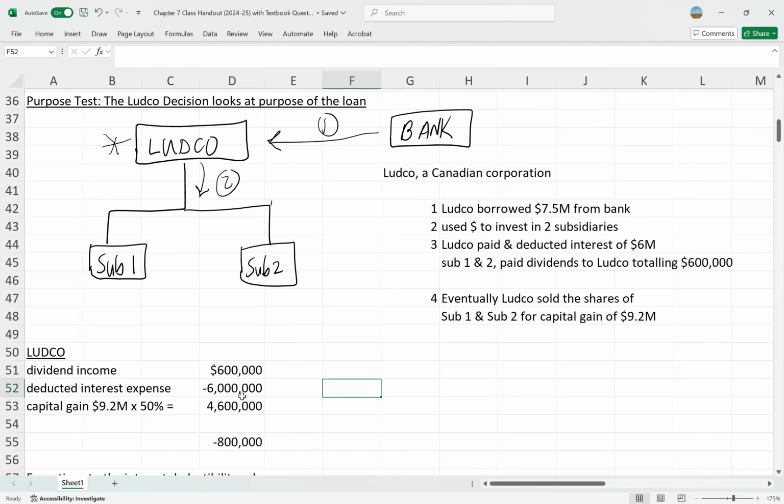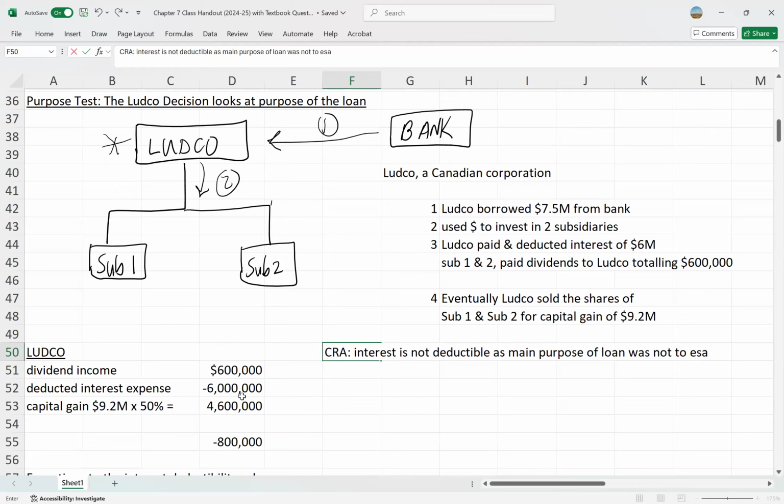The CRA came in and said, we don't agree with this. The CRA said interest is not deductible as the main purpose of the loan was not to earn income. Remember, capital gains are still part of net income for tax purposes, but the CRA argued that you took out this loan and the main purpose was not to earn dividend income.